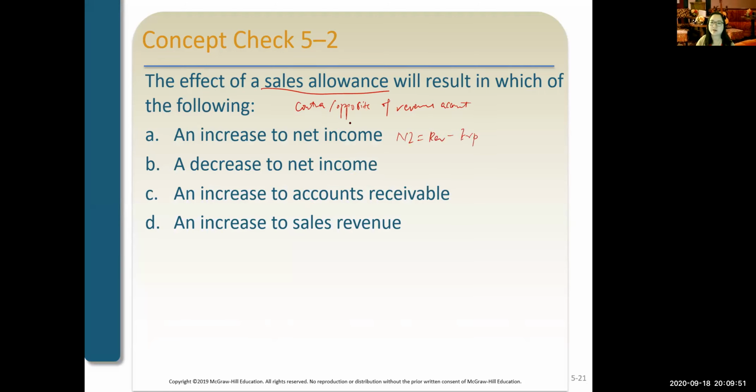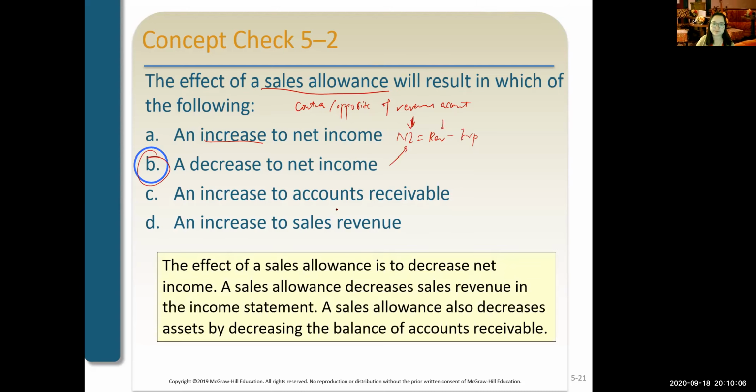So if this account is reducing revenue, how can it increase net income? Of course, it's going to reduce the net income, right? We just talked about it. Okay. So the answer is B. Yeah. A sales allowance decreases sales revenue, a contra account. And in the income statement, a sales allowance also decreases assets by decreasing the balance of accounts receivable.